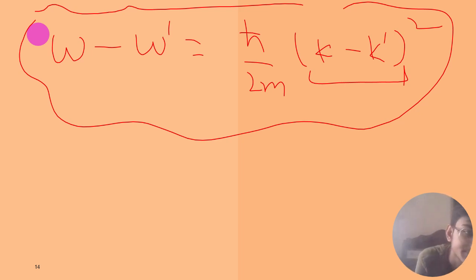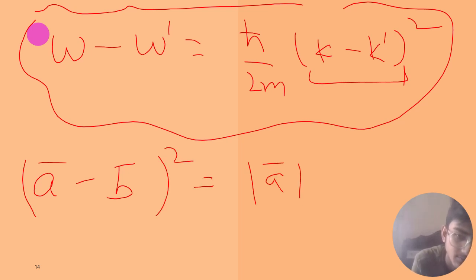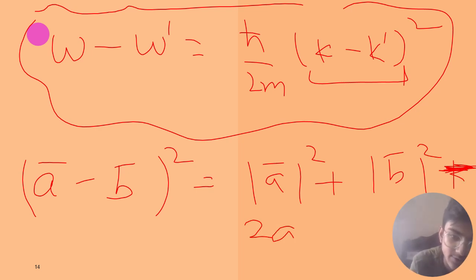If we are writing a − b vector squared, then it is actually mod a square plus mod b square minus 2a dot b, that is ab cos theta only. We will use that concept here.